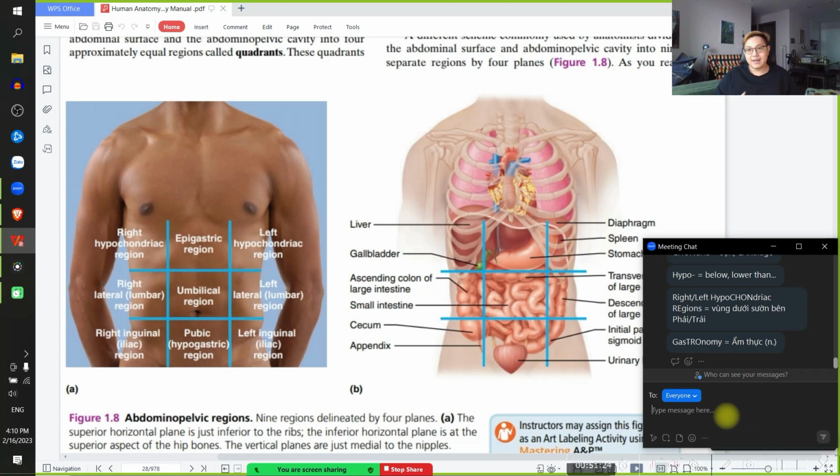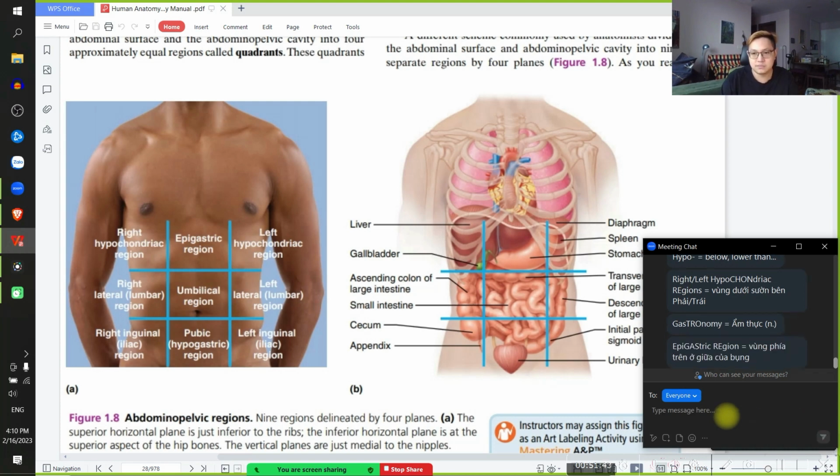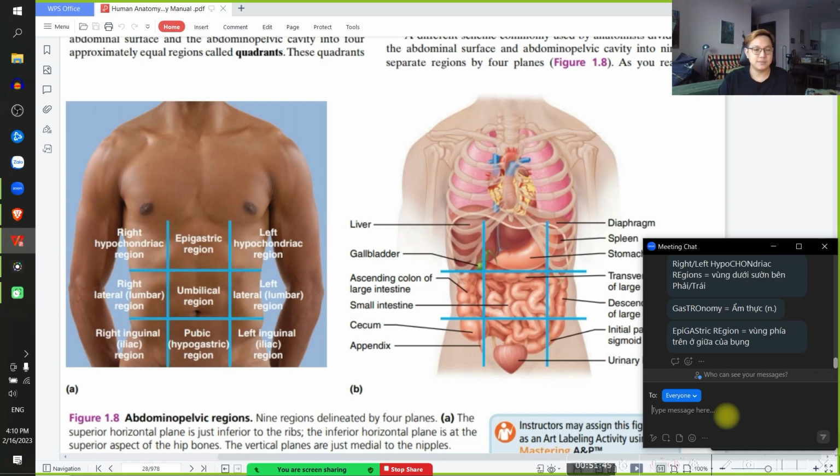So the epigastric region is the region above, in the middle of the abdomen. Epi means upper. Okay, and then we go down.